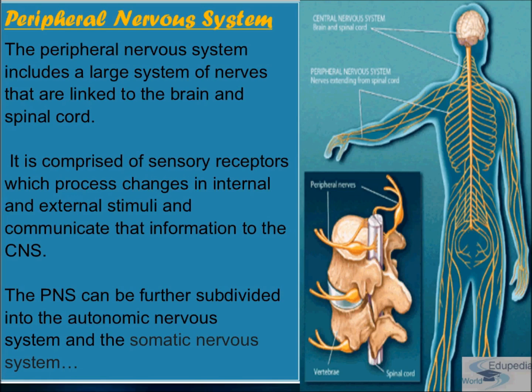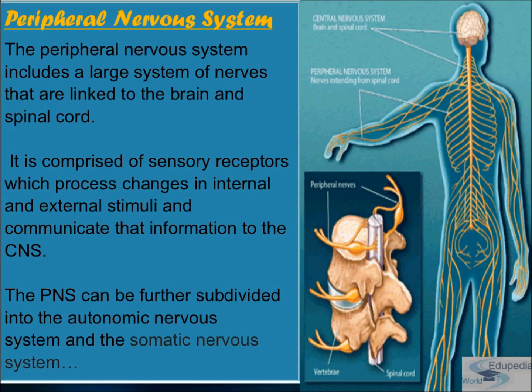It is comprised of sensory receptors, which process changes in internal and external stimuli and communicate that information to the CNS. When I say CNS, please understand that I'm talking about brain as well as spinal cord.